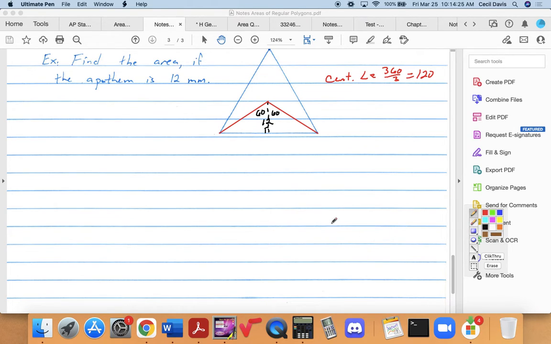We've got a 30, 60, 90 triangle. And we've got the short leg because it's opposite the 30-degree angle. So the long leg, we just multiply by the square root of 3. So that's 12 square roots of 3. And so is this one. So the length of that whole side is 24 square roots of 3.